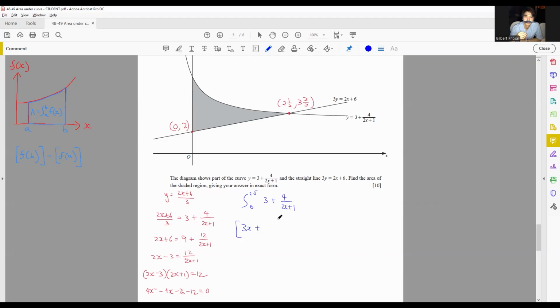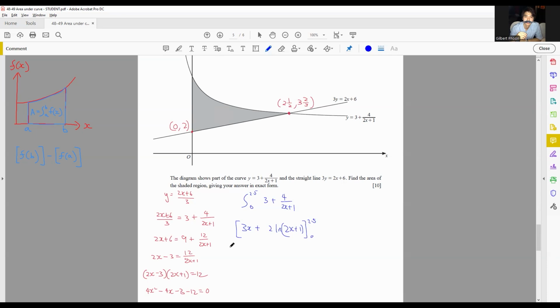Integrate this plus, okay, think of this first. First of all, this is definitely going to be ln(2x + 1). When I differentiate the 2, I would be left with 2 on top, but I want it to be 4. So the multiple here is going to be times 2. Okay. Then between 2.5 and 0, do the substitution.